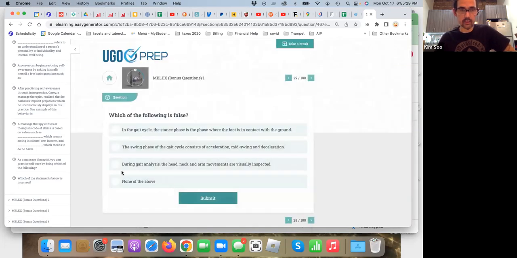That is correct. Which of the following is false? In the gait cycle, the stance phase is the phase where the foot is in contact with the ground. The swing phase of the gait cycle consists of acceleration, mid-swing, and deceleration. During gait analysis, the head, neck, and arm movements are visually inspected, or none of the above.